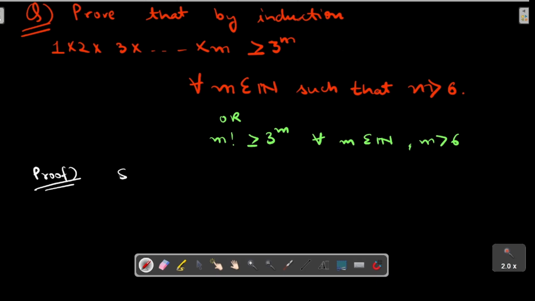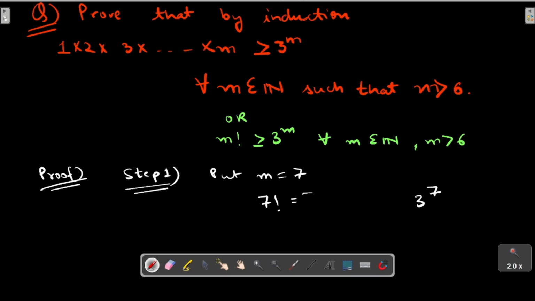To prove, step 1, put m is equal to 7. So what will happen? Get the value of 7 factorial and the value of 3 to the power of 7.